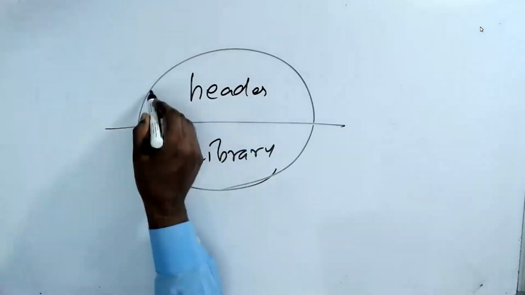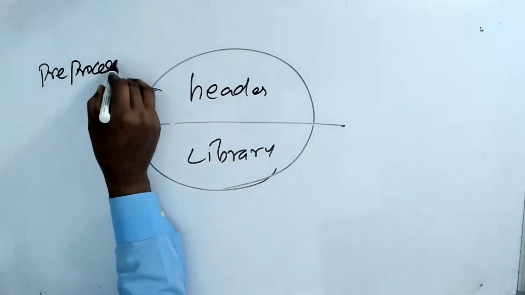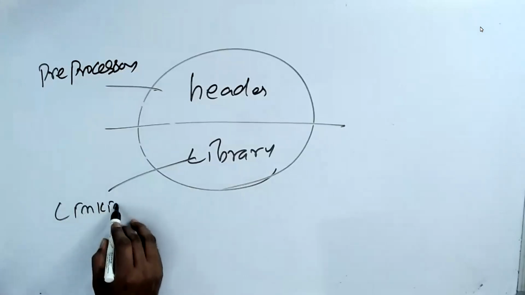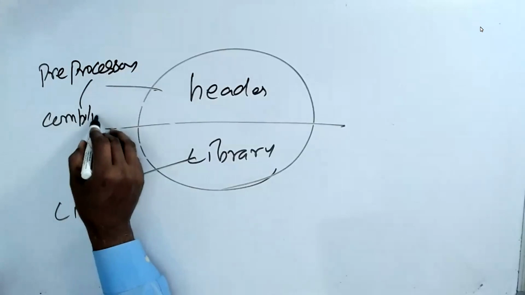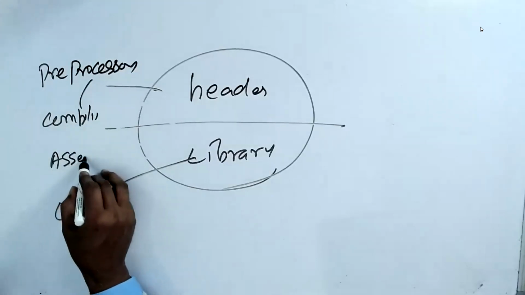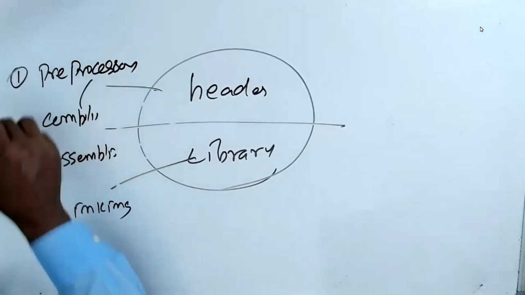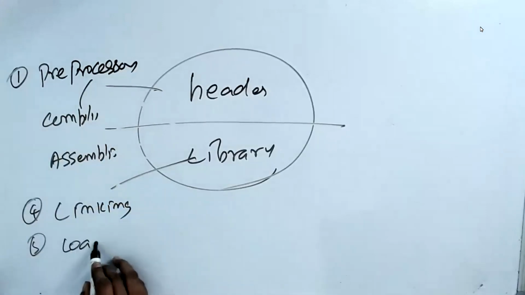This is called the preprocessor, and this is called linking. In between, you have compiling and assembling. So this is stage 1, this is stage 4, then the 5th stage is the loader, and the 6th stage is the executor.